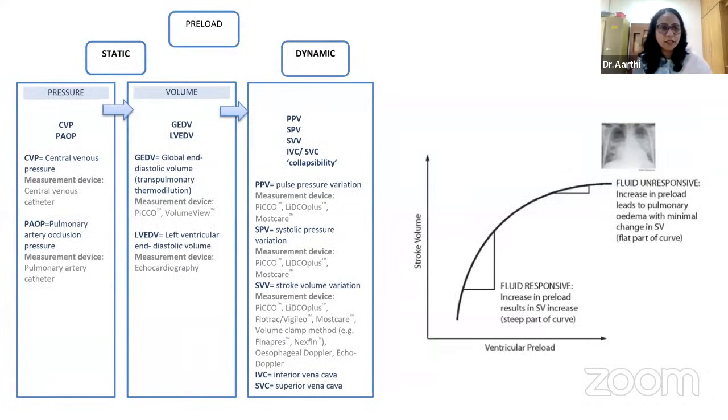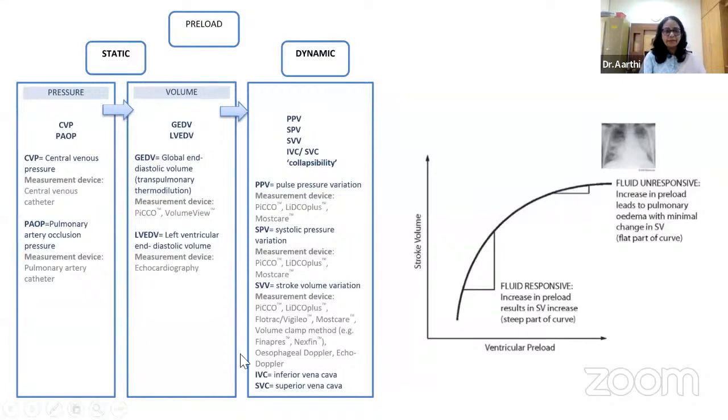To summarize the parameters used to assess invasive hemodynamic monitoring, there are static parameters and dynamic parameters. Static parameters, as we are aware, are the central venous pressure and the pulmonary artery occlusion pressure.